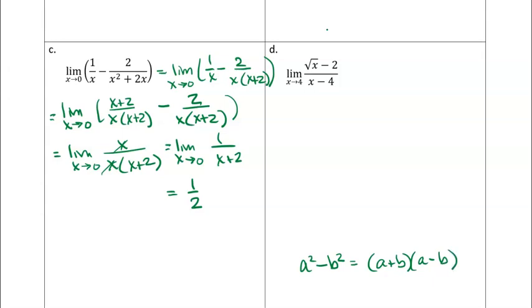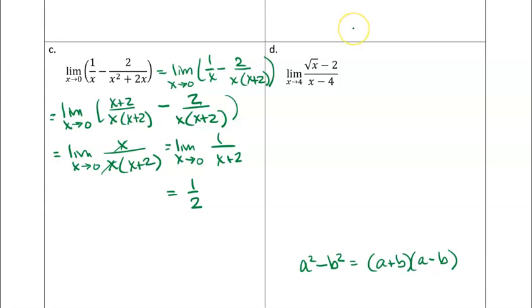These are conjugates of each other. When we multiply those binomials, usually we get a middle term, but the middle term goes away because we have a times b and minus a times b, and we just end up with a squared minus b squared.